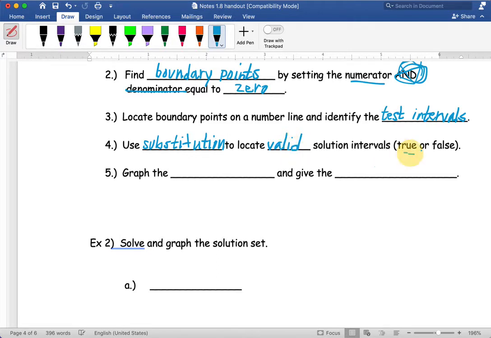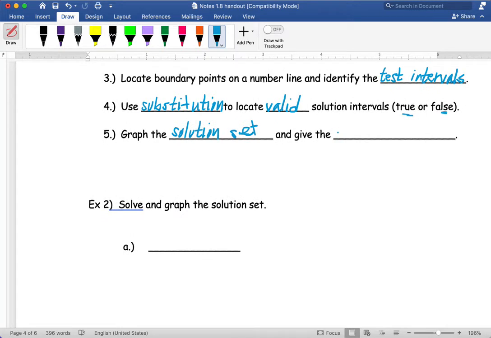That's going to be our true versus our false statements. You're going to graph the solution set and give the interval notation.